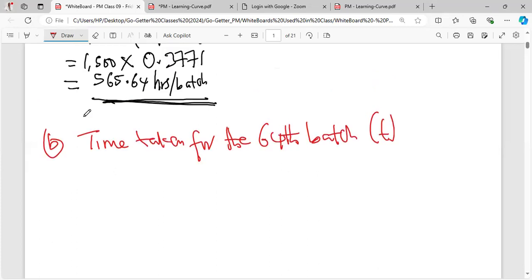Let's say I come to PM class and I say, what is the average age of the 3 students in the class? We'll look for the average age.